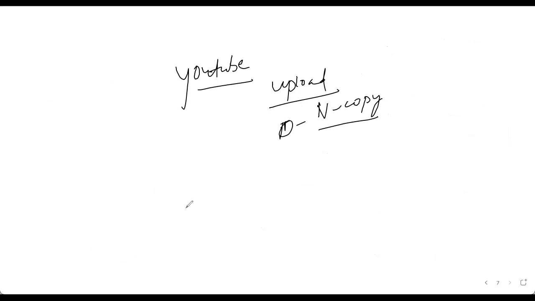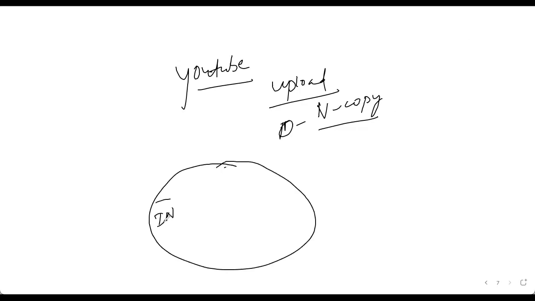If this is the world map, suppose, and you are somewhere in India uploading the video from here, first it will upload the data to your local data center. If there is a data center in India, it will upload to the India data center. If not, it will go to a neighboring country. Suppose Singapore is here, or Dubai.